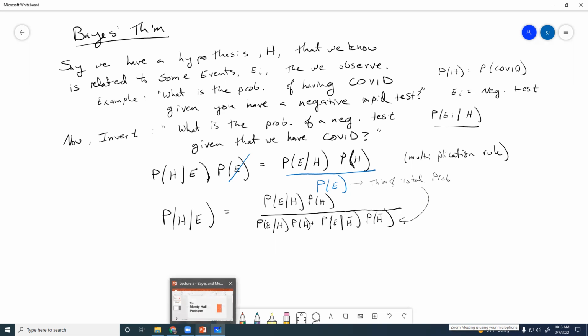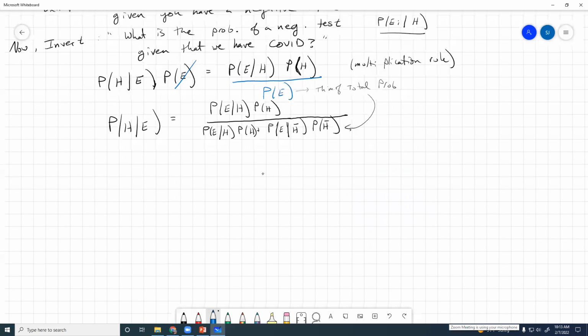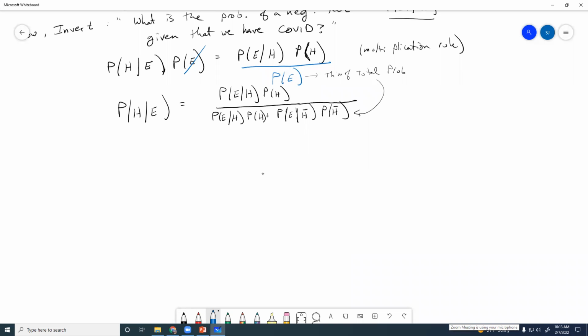Let's pick this apart a little bit. So some terminology, and if you watched that video ahead of class, then they define these different parts of this. And so this is what is called the posterior probability. It's the probability of our hypothesis given essentially new information, right?